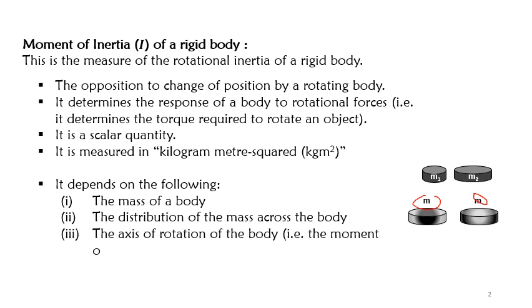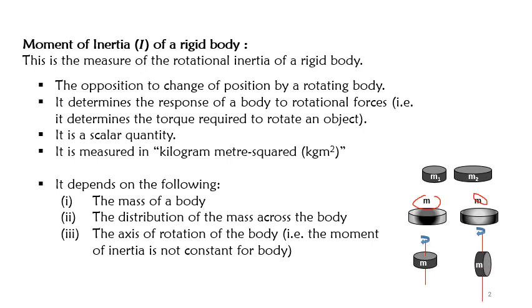Also, the axis of rotation of the body. If you have a body, the moment of inertia of that body is not constant, because the configuration of the axis of rotation will also affect the moment of inertia. Look at this figure again as illustration.